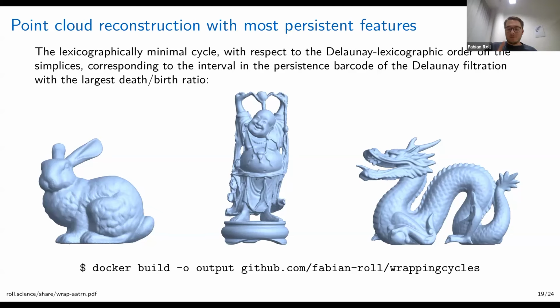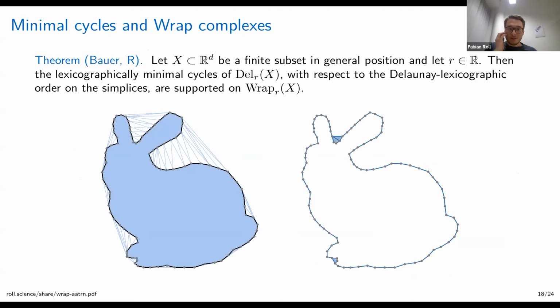I'll answer this in two sentences. The first thing is the theorem we prove in the paper is slightly more general than this, because it works for every generalized discrete Morse function, but then you have to replace the wrap with the corresponding descending complex, which might be different than the wrap, of course. And the second answer: the diameter function is not always a generalized discrete Morse function for Rips.